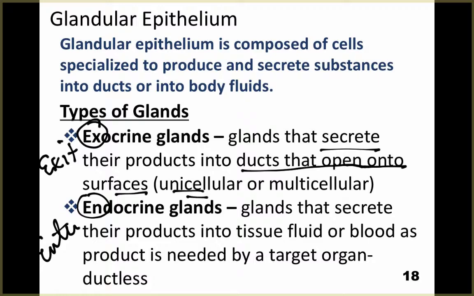These can be unicellular or multicellular. Endocrine glands, so think endocrine system, are going to secrete their products into tissue fluid or blood, right? So they're going to use the little trails or tracks in our body to get things places. So these are the two types of glands that we have in our body.